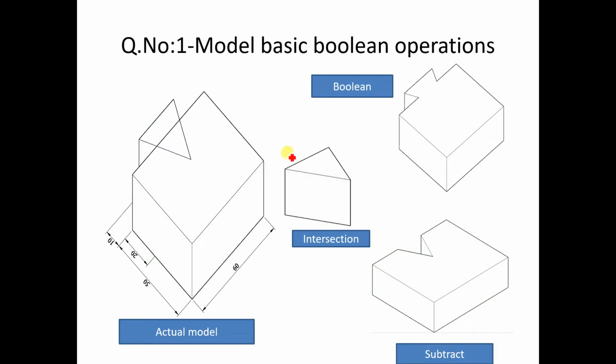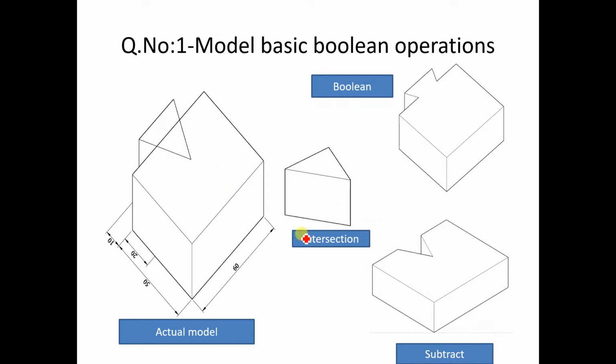Now this week, model 1, the first question we have to draw. Initially we will create two solid objects, one a cube or prism, and next two prisms, and then we use the union command, and using union we get this shape by joining these two objects.